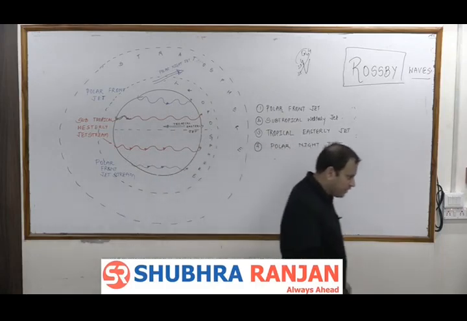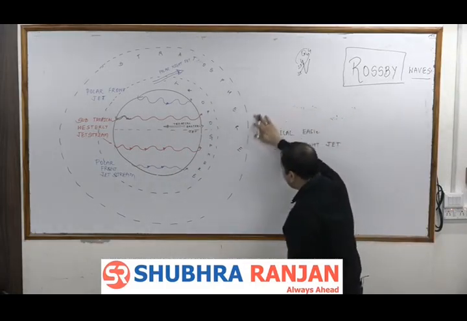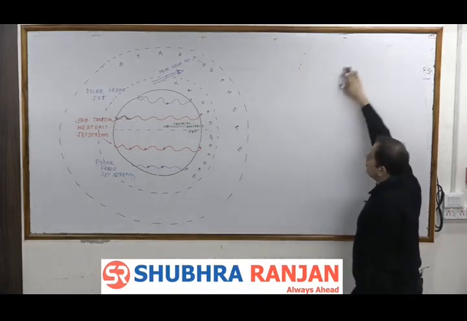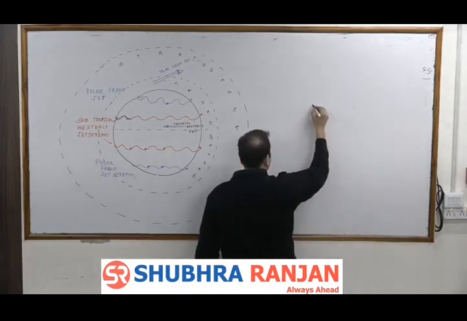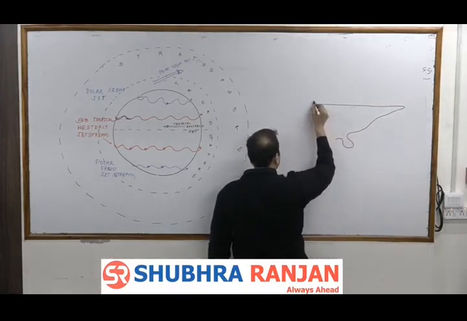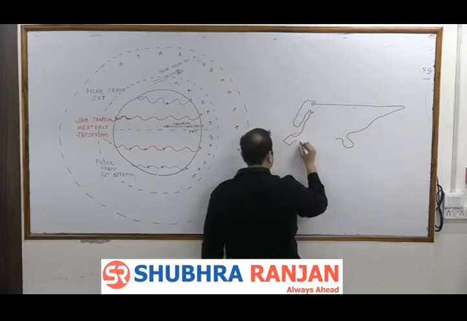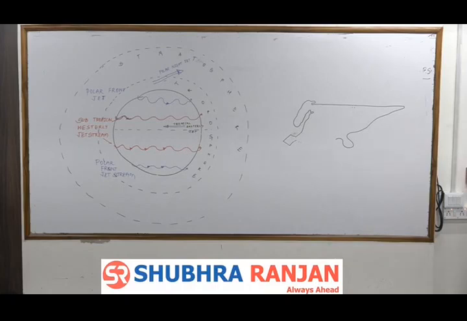Polar front jet stream, what I have dictated? The polar front jet stream carries the temperate cyclones originating over the Pacific and Atlantic Ocean in the interiors of Asia and Canada, full stop.